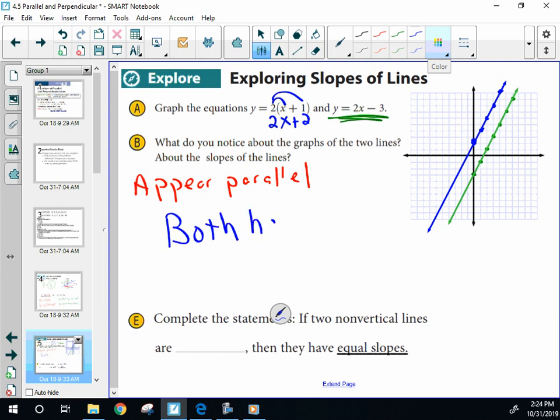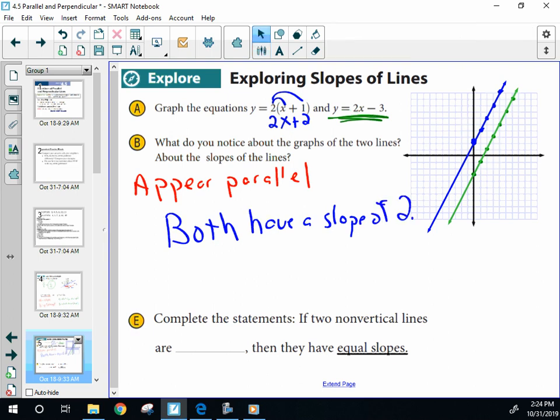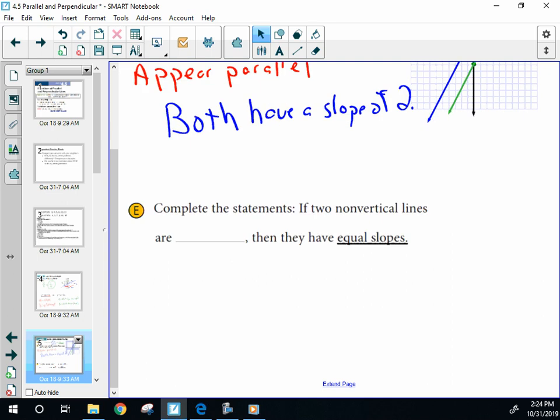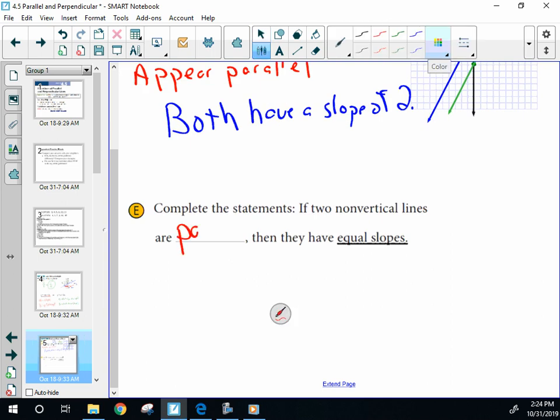They both have a slope of 2. Which leads us to our statement about parallel lines. If two non-vertical lines are parallel, then they will have equal slopes. Parallel lines have the same slope.